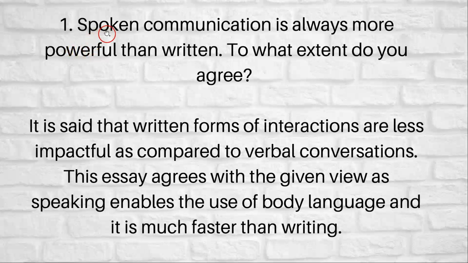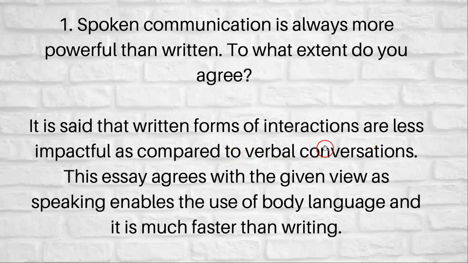So the question starts by talking about spoken communication and ends by talking about written communication. So we have inverted that and we have started by writing about written communication. It is said that written forms of interactions are less impactful. Here it says more powerful, spoken communication is more powerful. So we are writing written communication is less impactful as compared to verbal conversations.